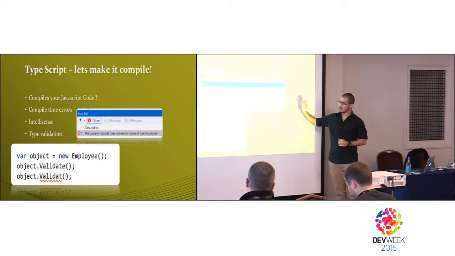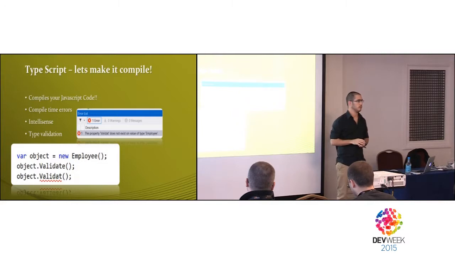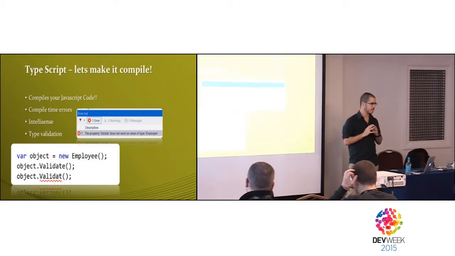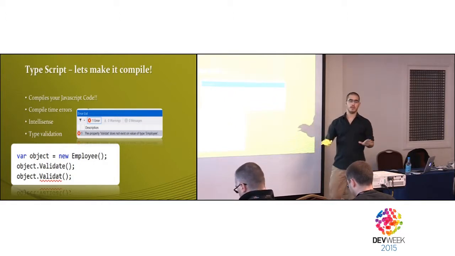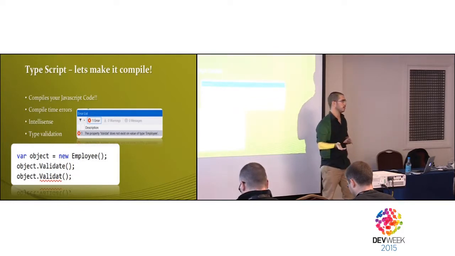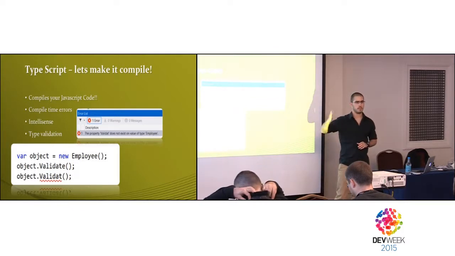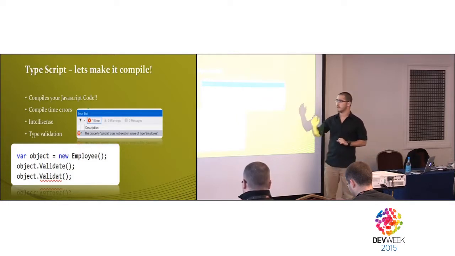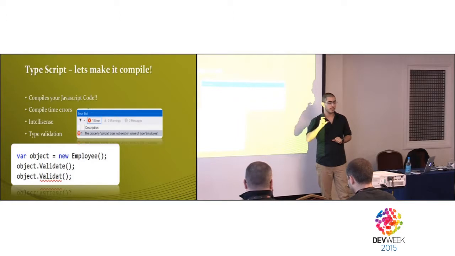TypeScript actually compiles our code. When you are writing in TypeScript, it's very, very similar to JavaScript, and it takes the TypeScript and converts it into JavaScript. So it's pure JavaScript at the end, and you have no concern about whether it's compatible with the browser, because it is JavaScript, but it gets converted. It gets compiled.